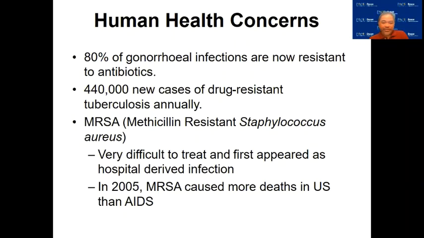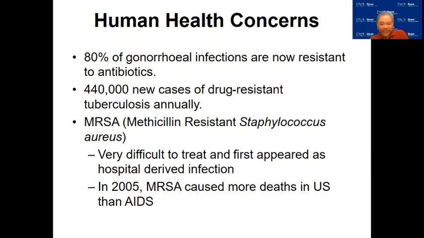There are 440,000 new cases of drug-resistant tuberculosis annually. In the 1990s, there were community-associated outbreaks among high-risk populations of MRSA. MRSA is very difficult to treat, and it persisted as a hospital-derived infection.